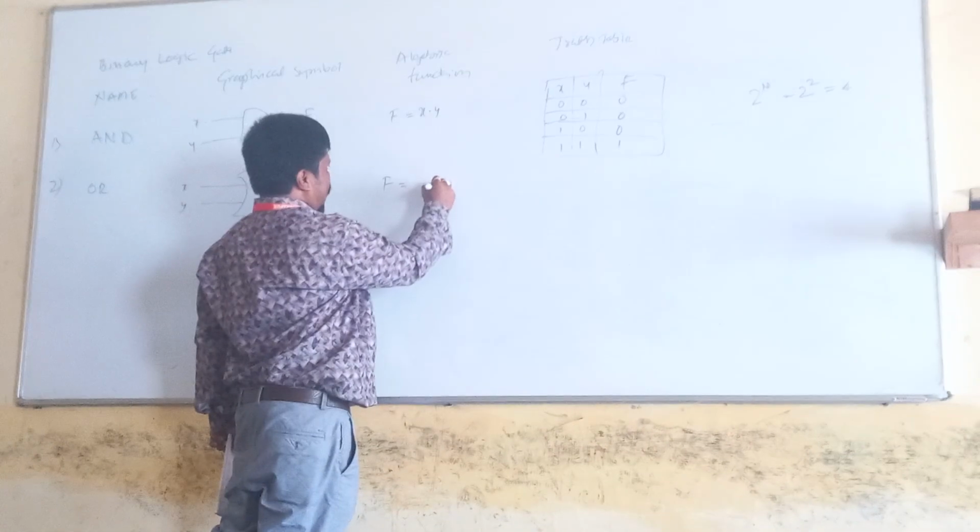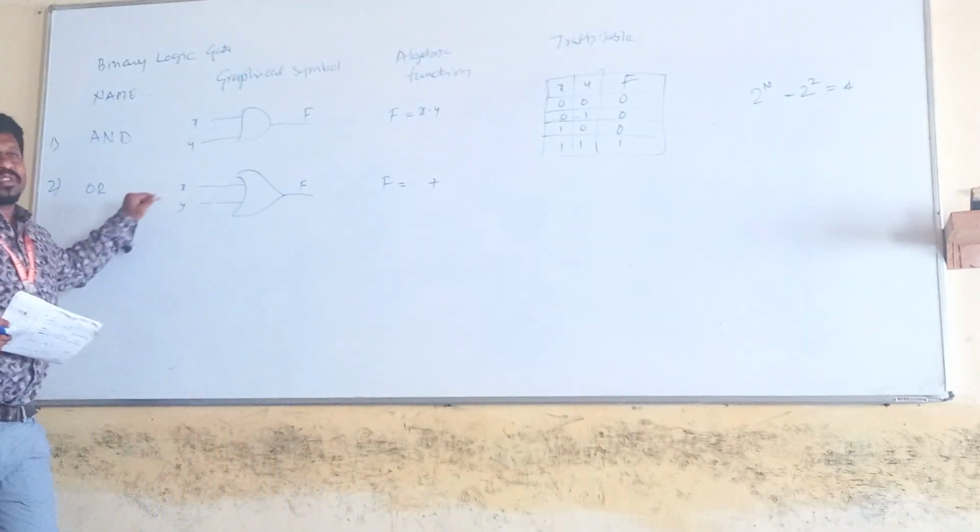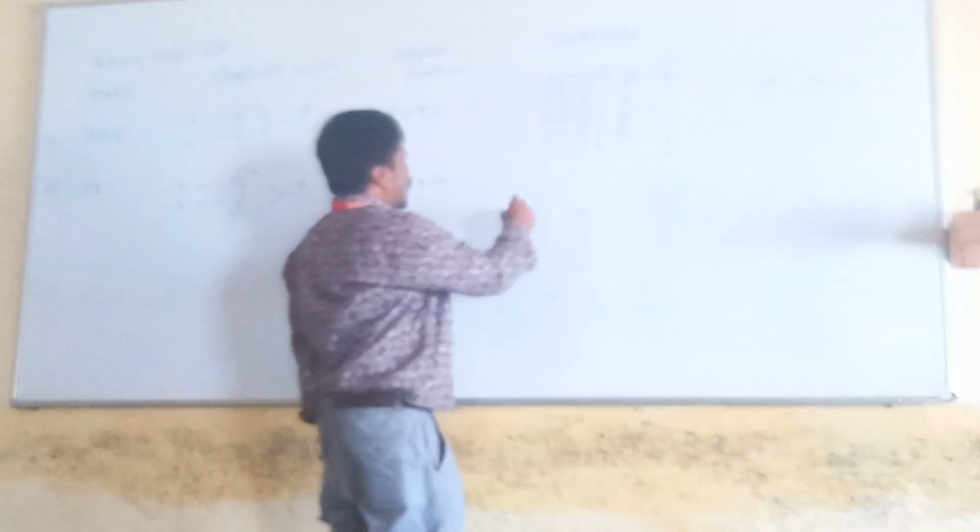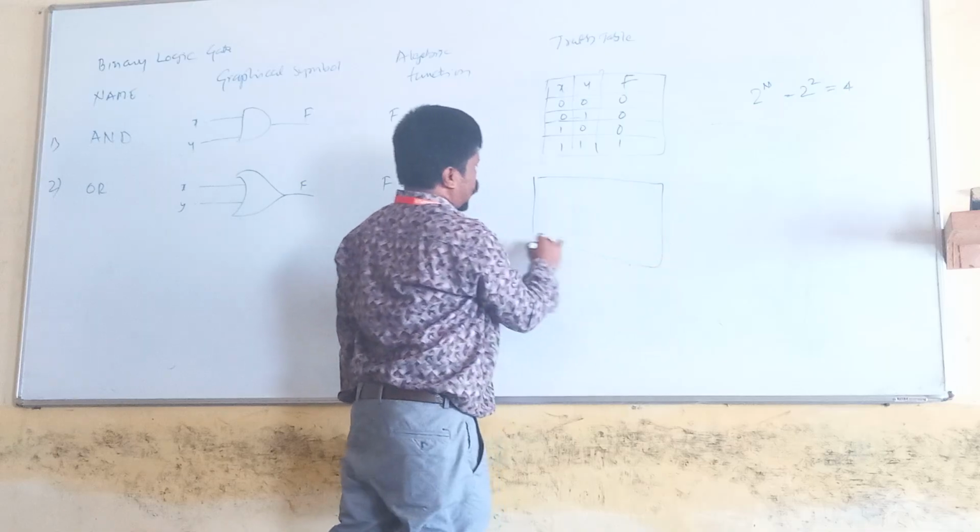So I write the plus here, with two inputs, X and Y, and the output F. Then I will write the truth table for this one.